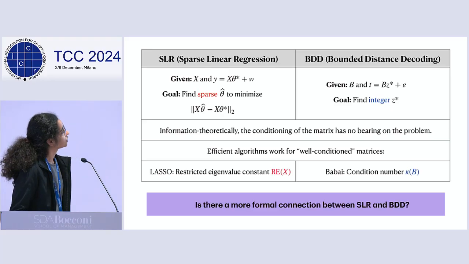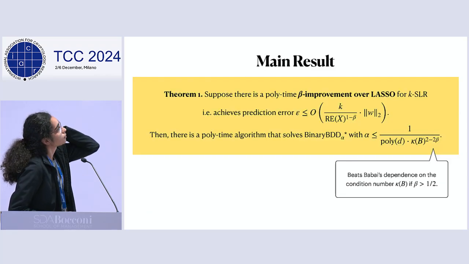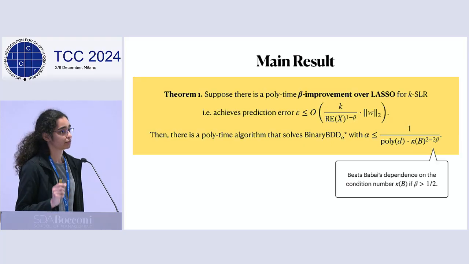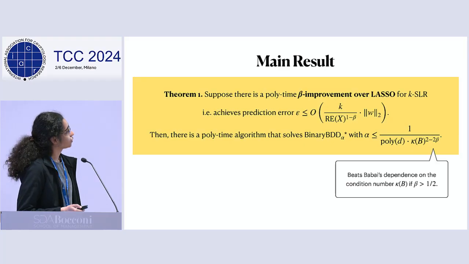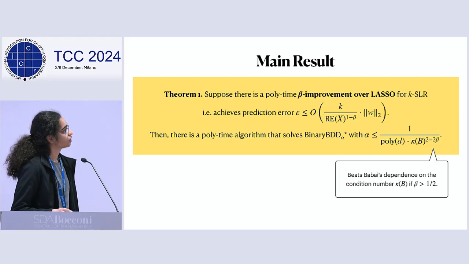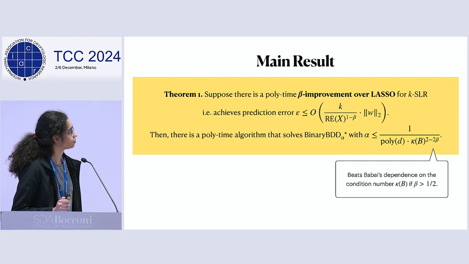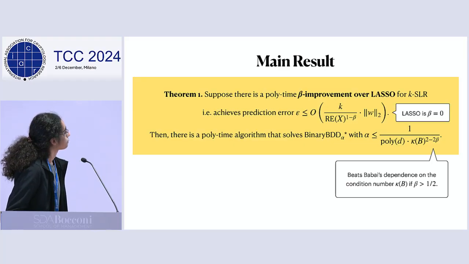So is there a more formal connection between SLR and BDD? Our main result is to show, yes, there is a reduction between the two problems. Suppose you have a polynomial time algorithm that improves over lasso by some parameter beta. Then it gives you an algorithm for a binary variant of BDD, which beats Babai's algorithm if beta is more than 1/2.